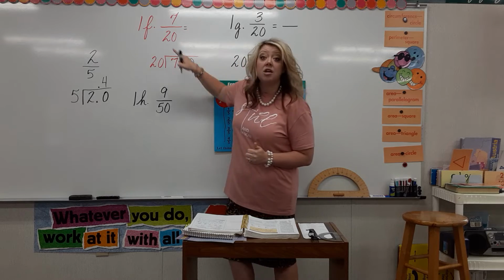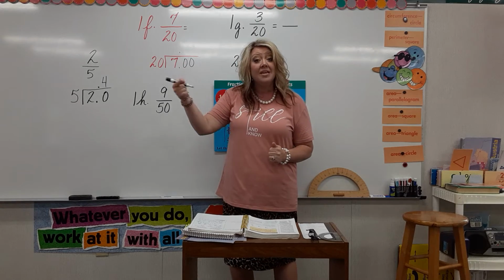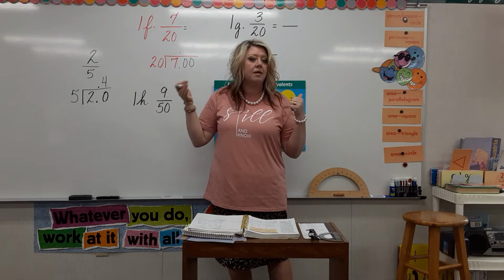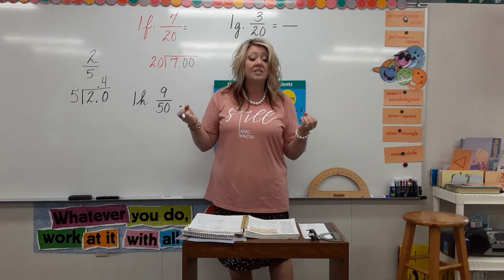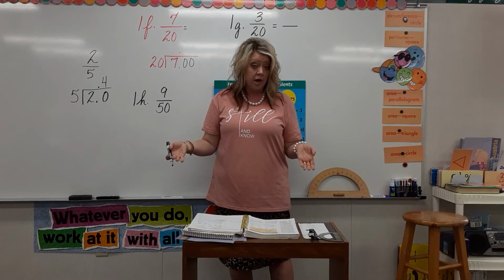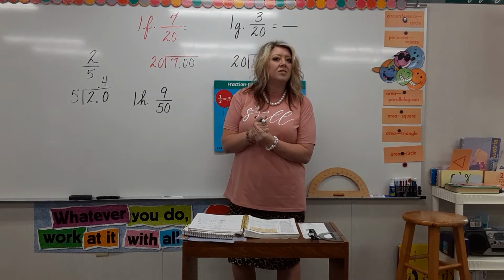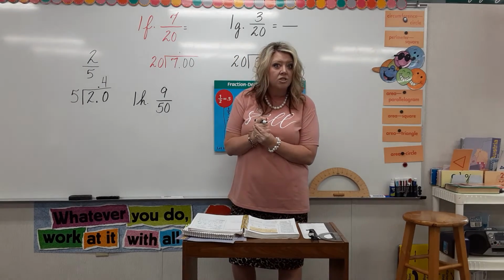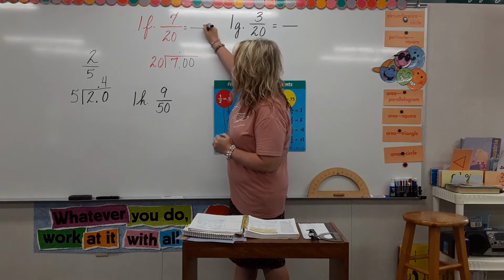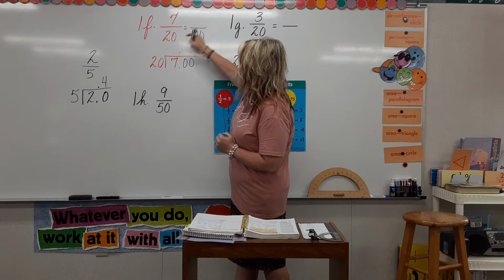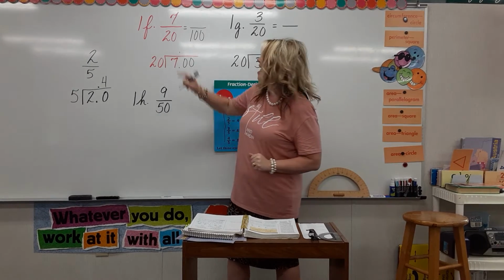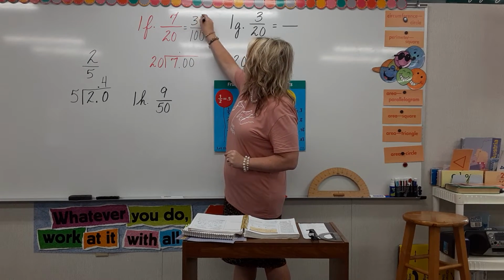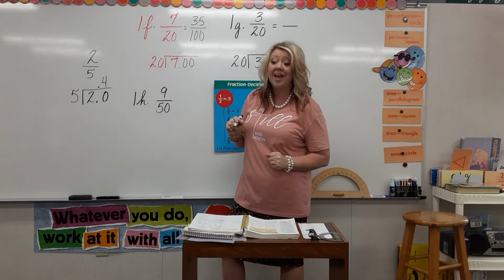If you have a denominator that can evenly divide into a power of 10, and a power of 10 would be numbers like 100, 1,000, 10,000, 100,000, then you can set up what's called an equivalent fraction. Look at this. 20 can go into 100 5 times, and then multiply 5 times the numerator 7 to get 35.